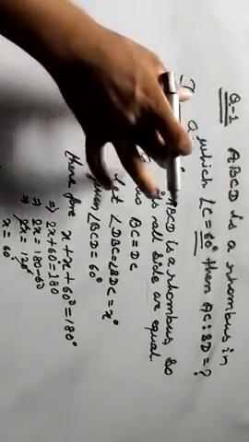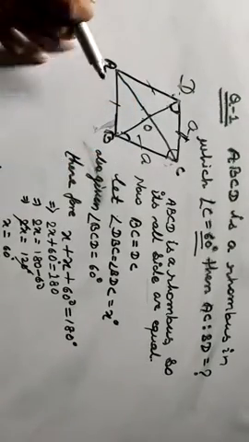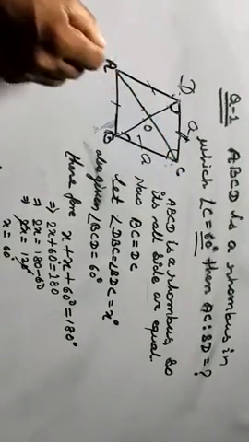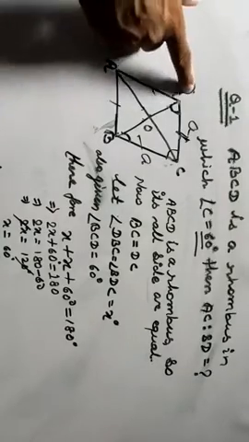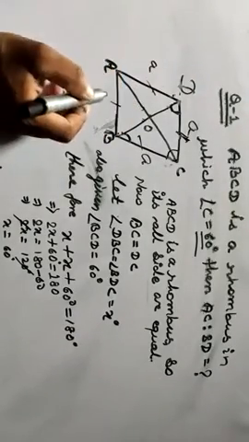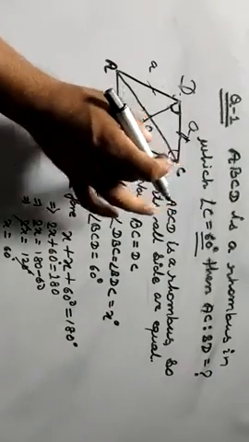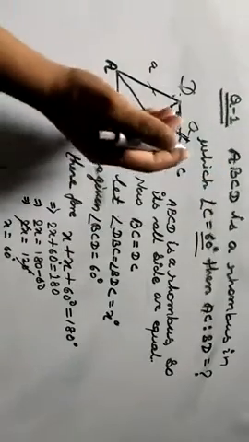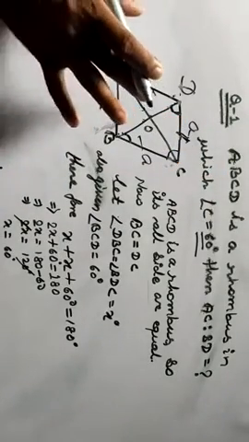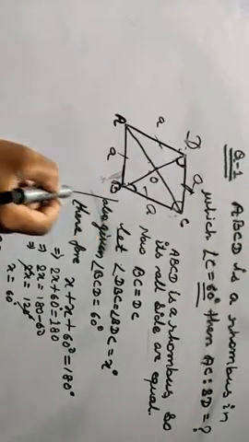Similarly, in this triangle DAB, DA equal to A also and AB equal to A. Because in a rhombus one triangle is equilateral, the other triangle will also be an equilateral triangle. Now try to write this side.